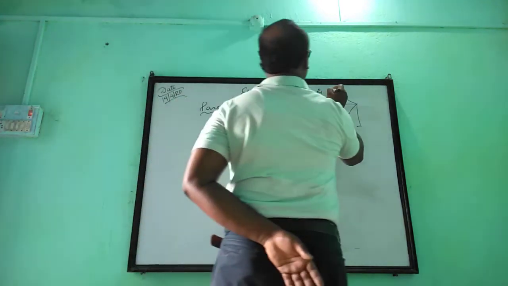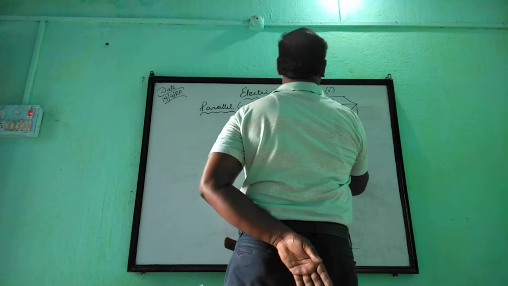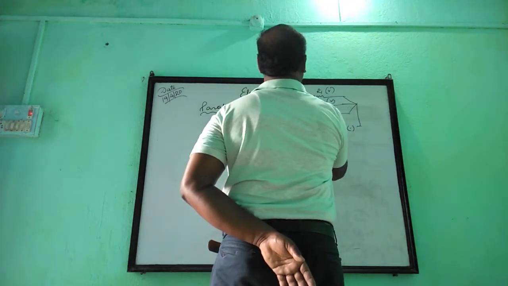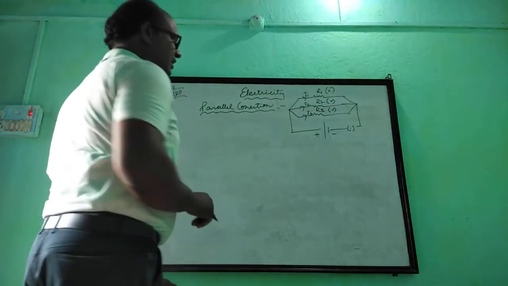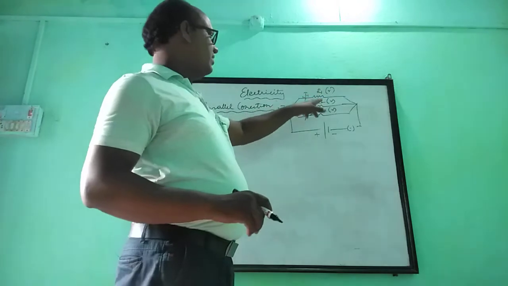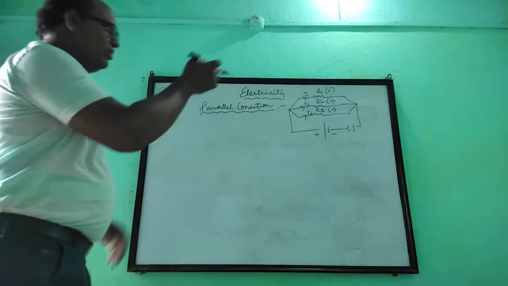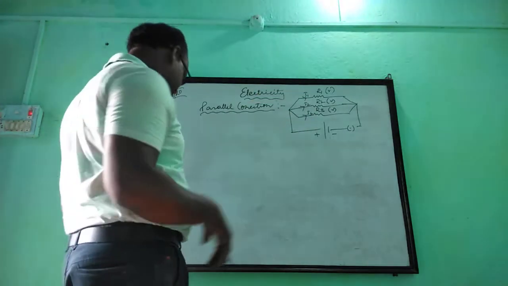That means here V, here V, here V, and current is I1, I2, I3. Current is different, I1, I2, I3 for the resistors R1, R2, R3 respectively, but the voltage is same for all the resistors. And this is the benefit of parallel connection.